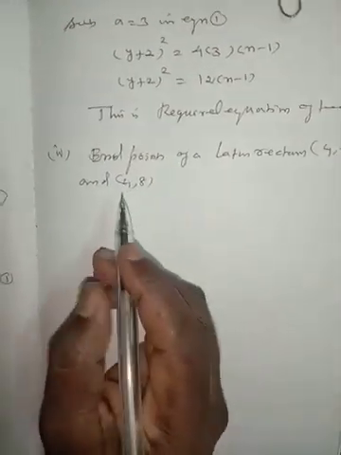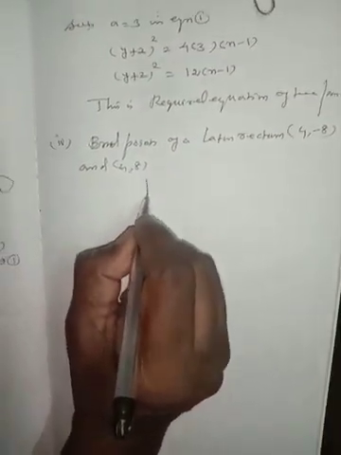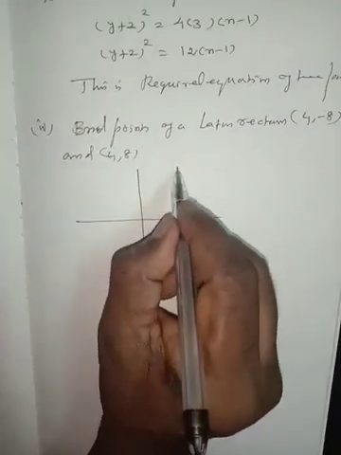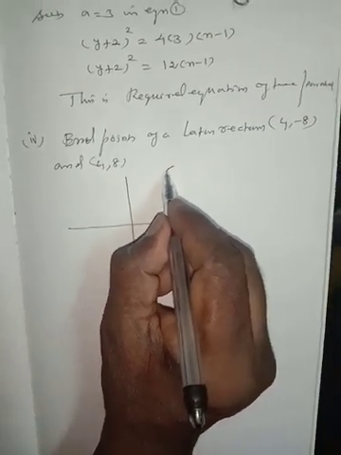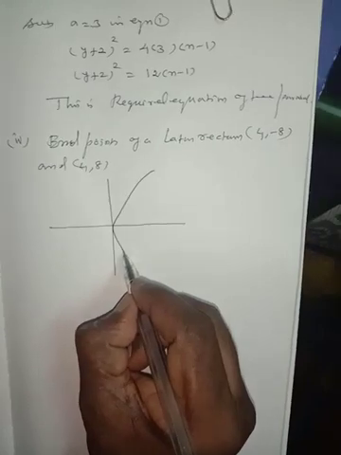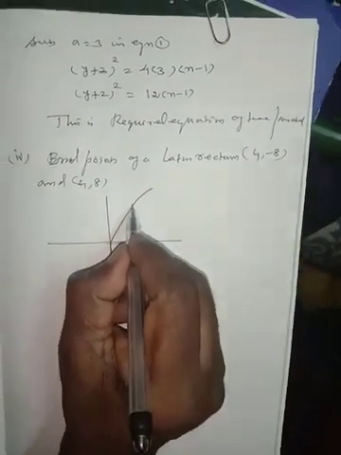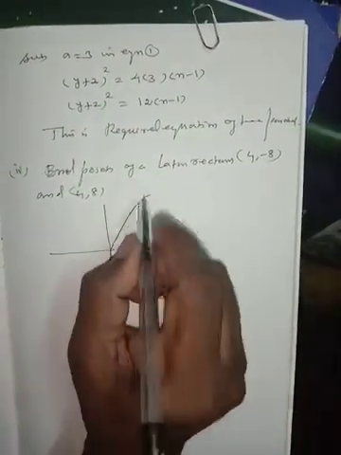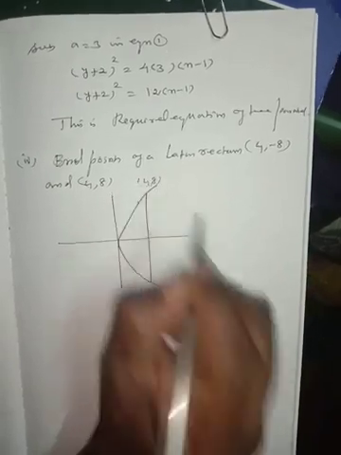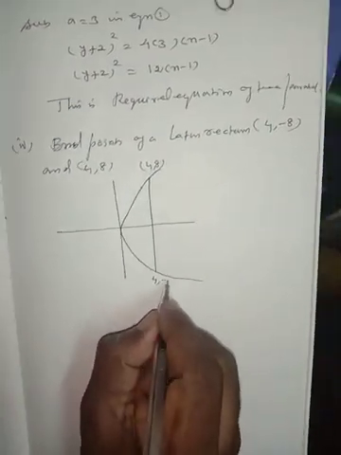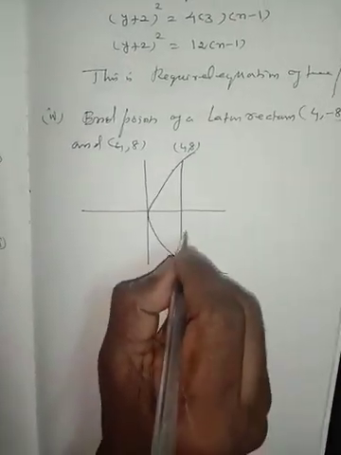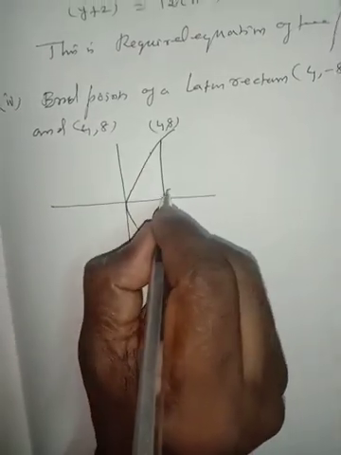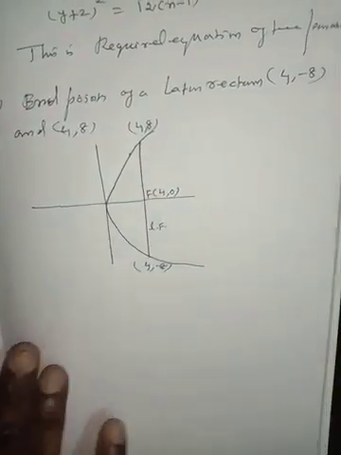So to find the equation, here 4 comma 8, here 4 comma minus 8. This is the latus rectum line LR. Now 4 comma 8 and 4 comma minus 8 means the focus is 4 comma 0.